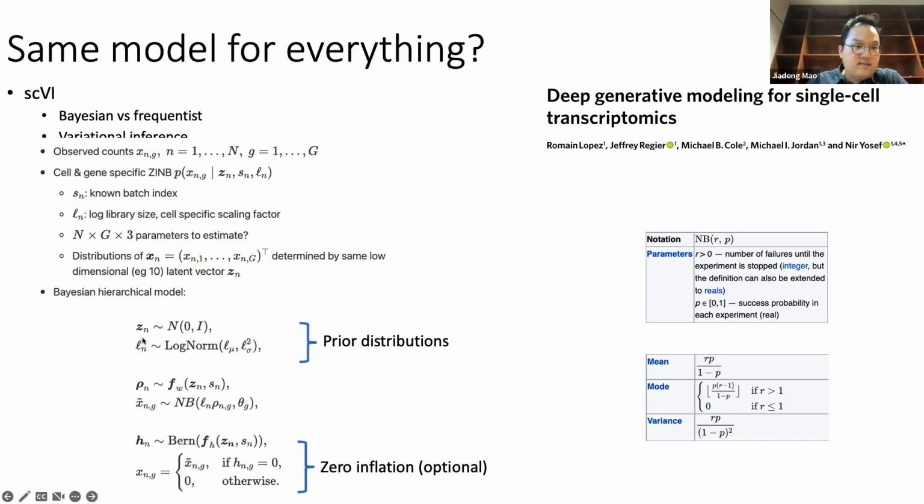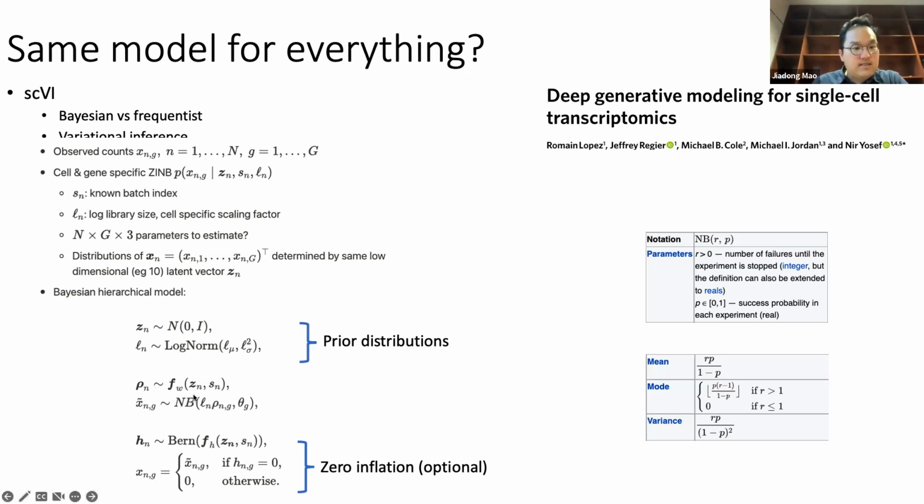We assume that the latent variables follow a normal distribution, and the library size follows a log normal distribution. Then the first neural network, FW, is used to model rho n. So rho n can be seen as normalized data.